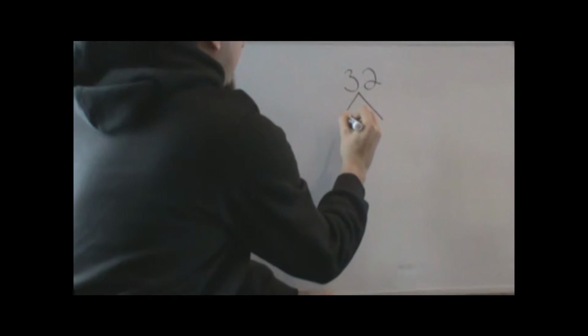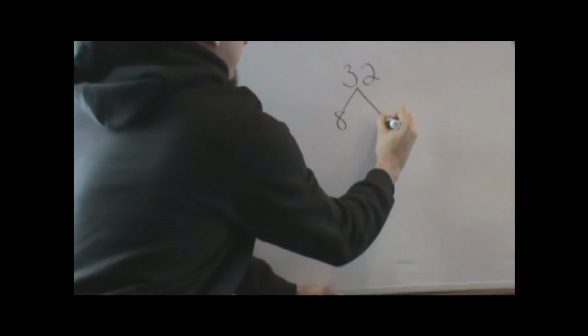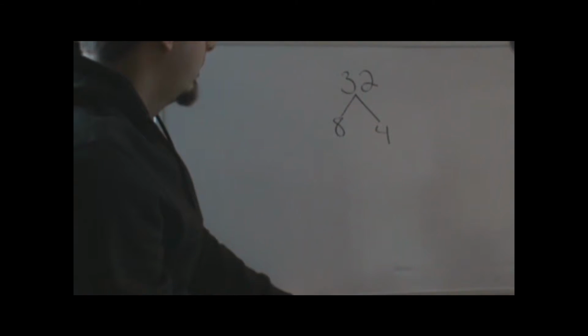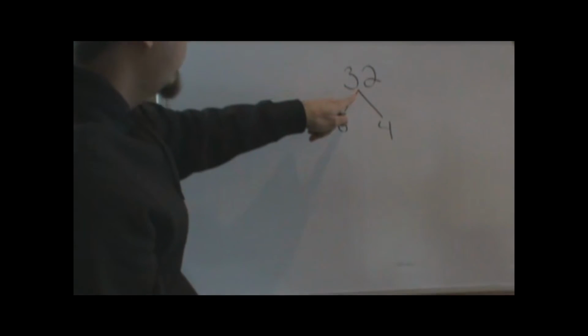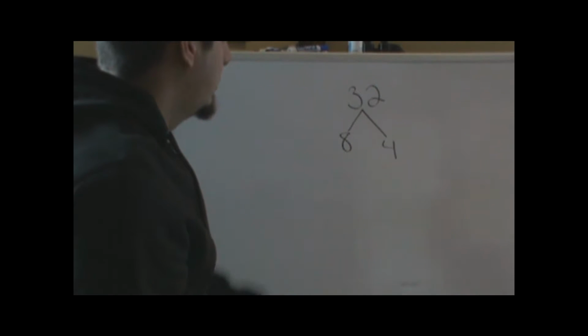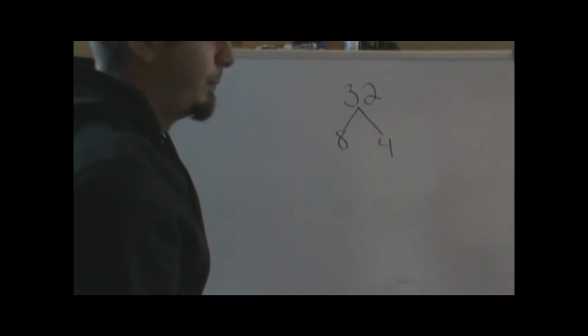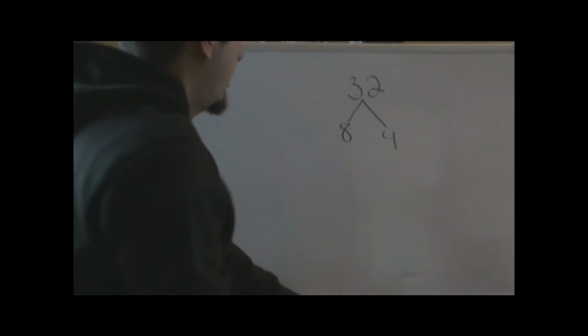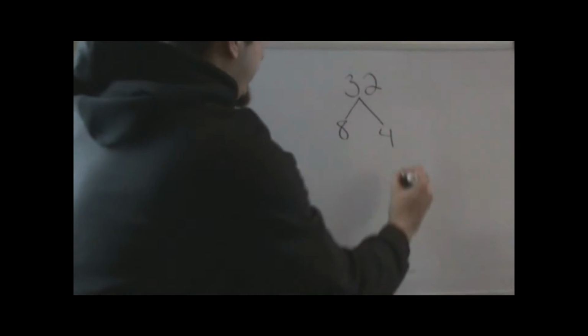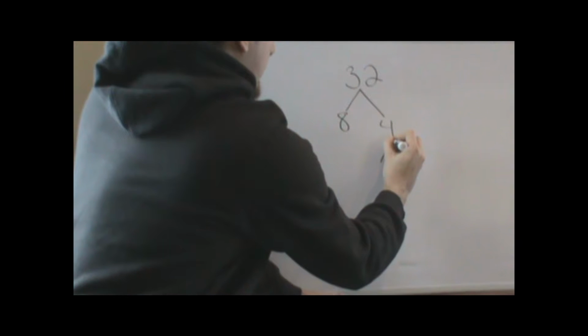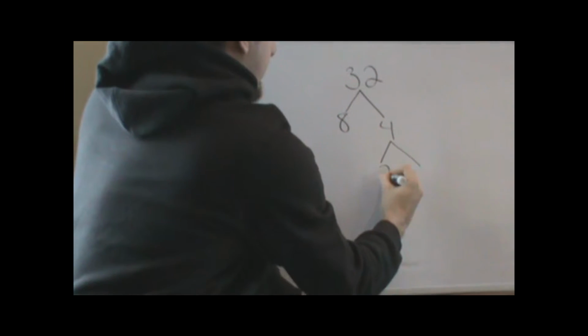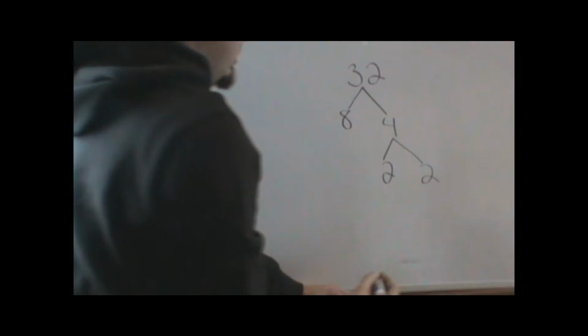So I know that 8 times 4 is 32. So I've branched the 32 into 2 directions. I know that I can break 4 down even further into 2 times 2.